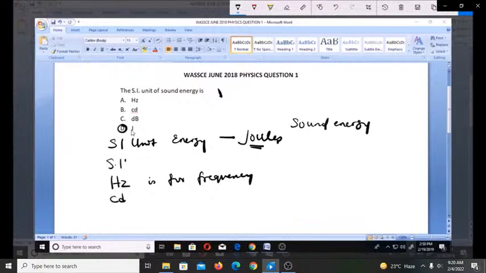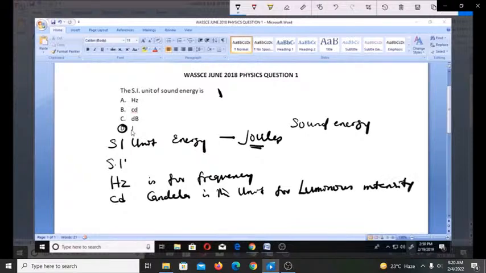CD, also known as candela, is the unit for luminous intensity. In case you see the question in another form, that's what CD is for.